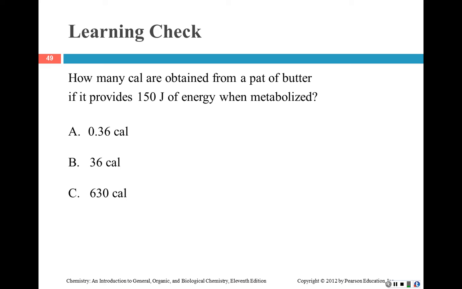And we want to get to calories. And I've given you the information that you need to do that, because you know that there are 4.184 joules in 1 calorie. So if you use your dimensional analysis, you should be able to work this problem. So put me on hold, see if you can work it. It's a simple conversion, and then come back and we'll see how you did.